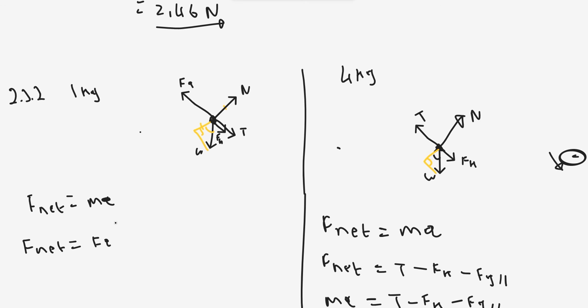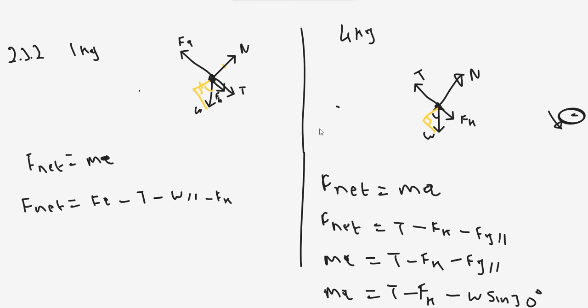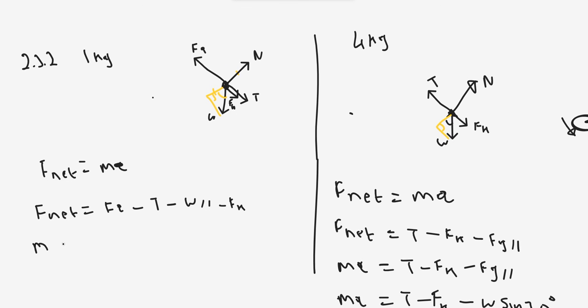Fa minus our tension and also minus our weight parallel, and also we have a frictional force minus Fk. And then we say Ma is equal to Fa minus T minus weight parallel minus Fk.